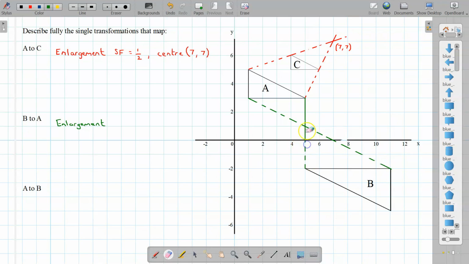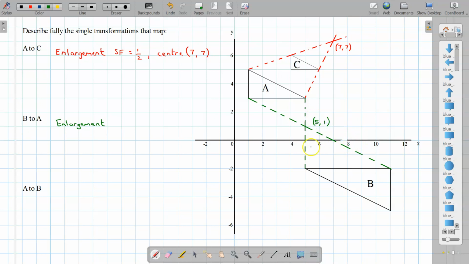The ray lines are faint lines that show where the centre of enlargement is. So the centre of this one is at the point 5, 1. I'll just make a note of that.